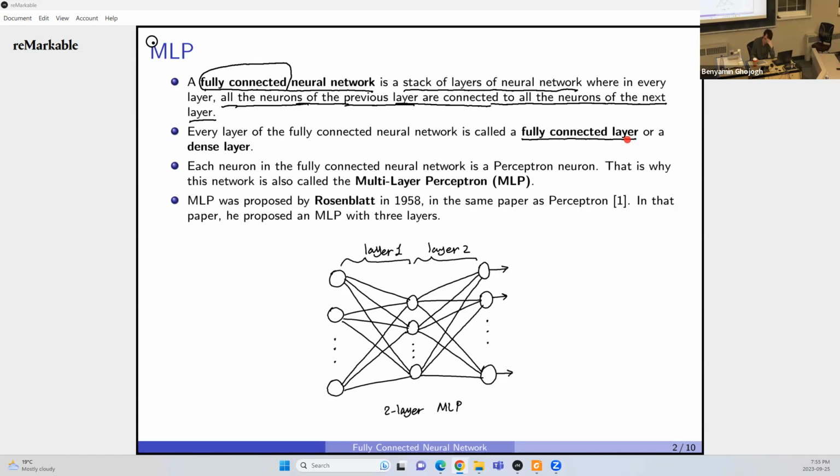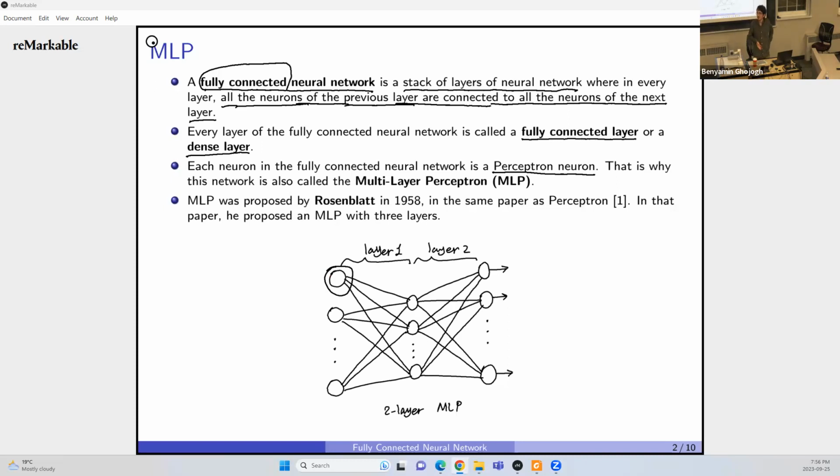Every layer in this network is also called a fully connected layer or a dense layer. Different libraries name it differently. And each neuron in the fully connected neural network is a perceptron neuron. So when you zoom in to each of the neurons in this network, it becomes a perceptron, which we discussed in the previous session.